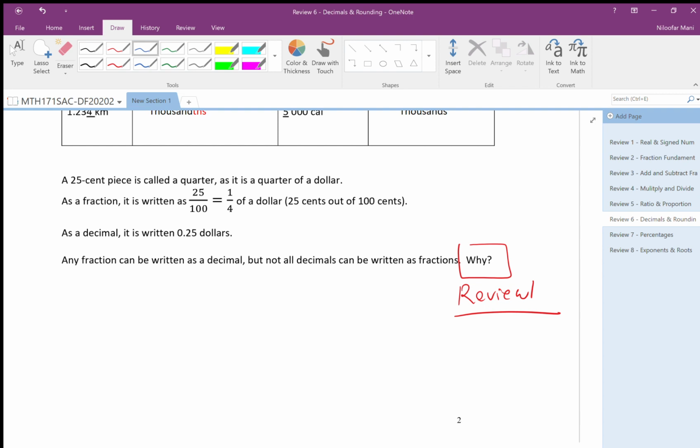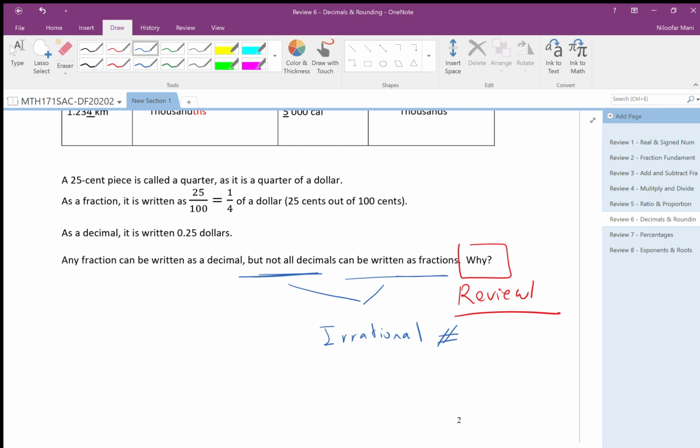I said rational numbers are those that you can write as a fraction. Irrational numbers are those that you cannot write as a fraction. So if I have a decimal and I cannot write it as a fraction, they are irrational numbers.